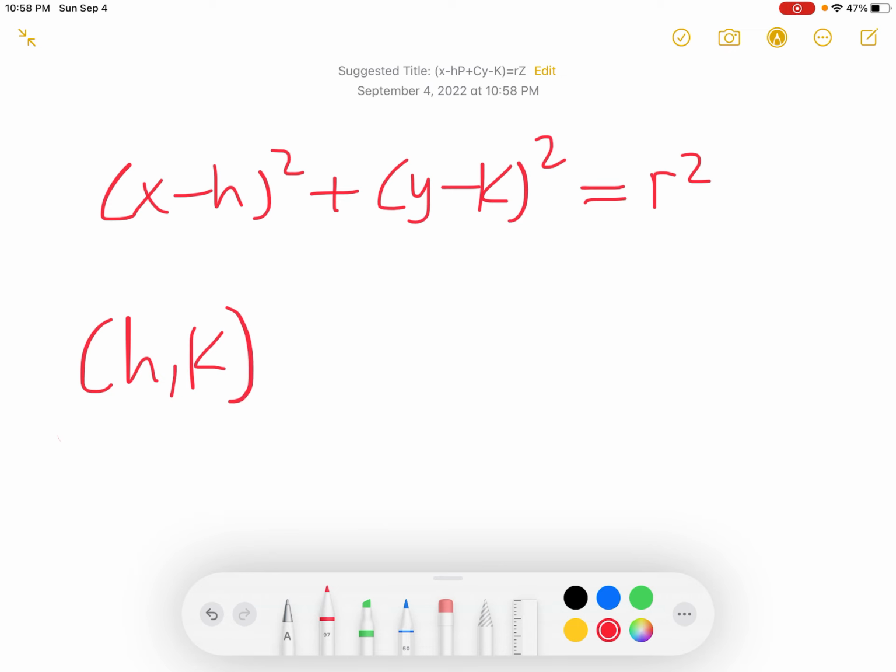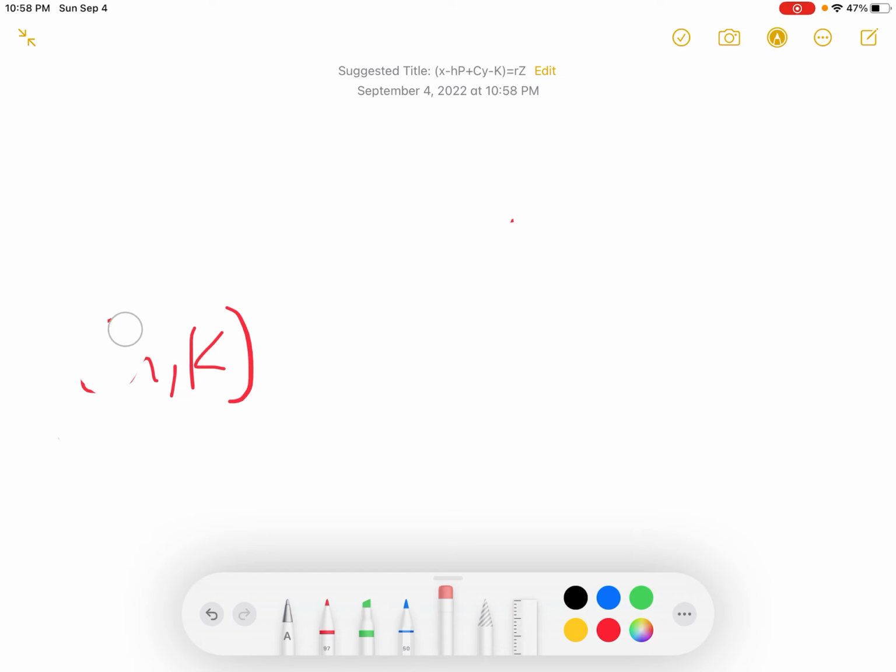And the radius is r, not r squared, so you would have to take the square root of this. So if this was 49, then the radius would be 7. So don't get mixed up with that. All right. Now, let's see, what do we have now?